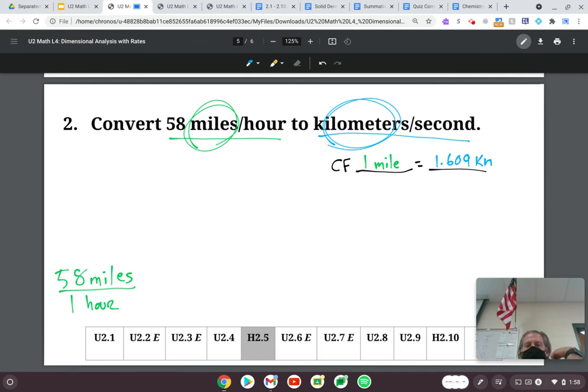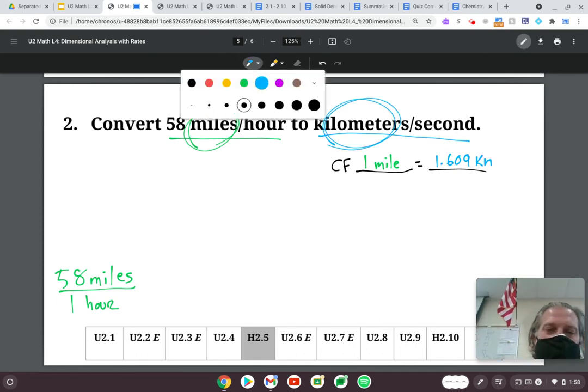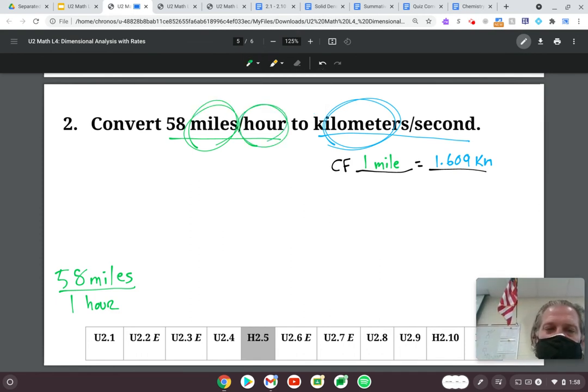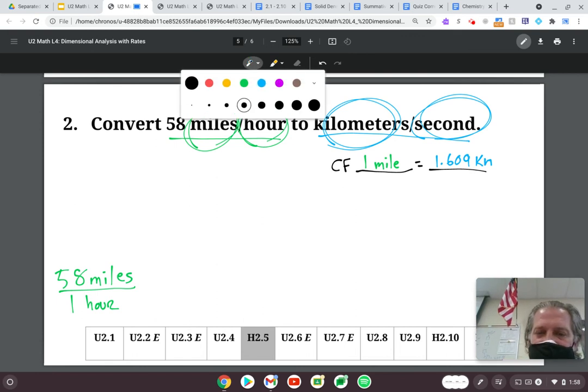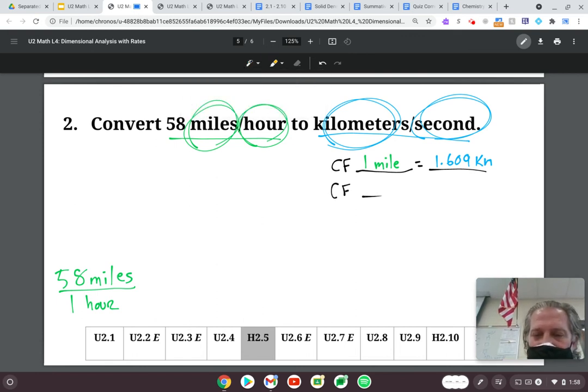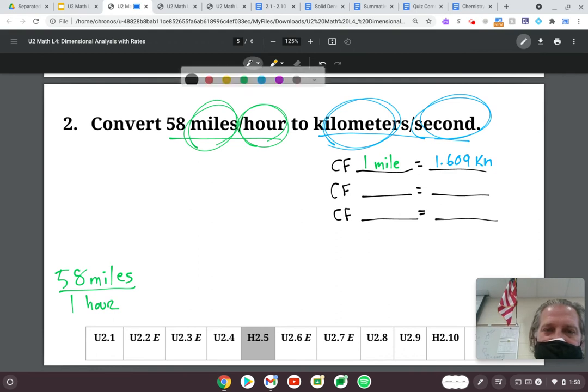The next thing that we are going to be looking at is the relationship between hours and seconds. And I don't know about you, but I don't have enough headspace to keep all these things inside my head. So I know that I'm probably going to have to do a step or two here. I'm going to look at hours and try to get to seconds.